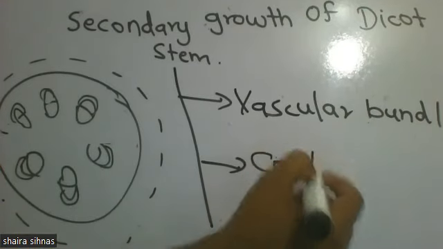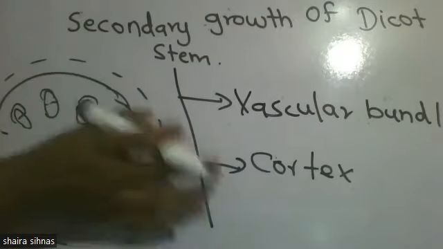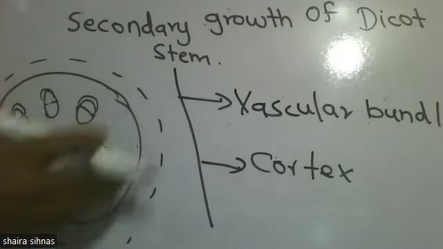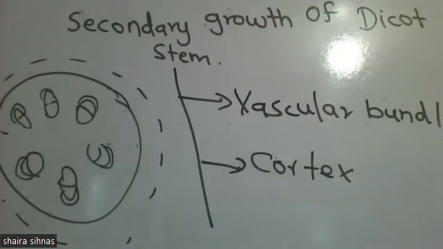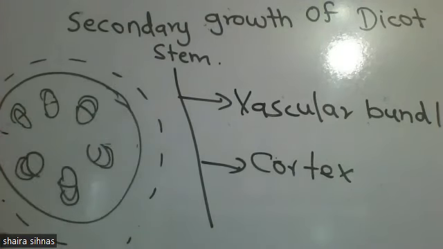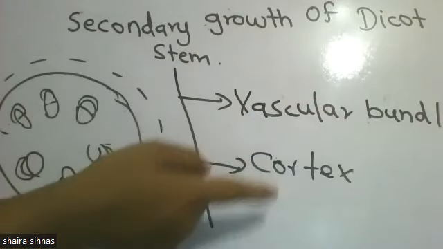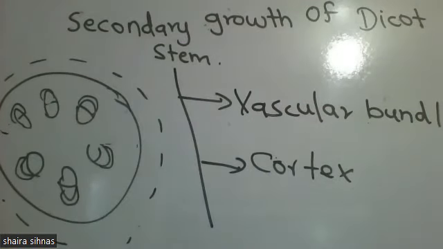So there are 2 changes going to happen, in the vascular region and the cortex. Due to that, new rings are going to form, and due to the formation of new rings, secondary growth happens. Is that clear up to this? Now we'll see how it happens in the vascular region and how it happens in the cortex.